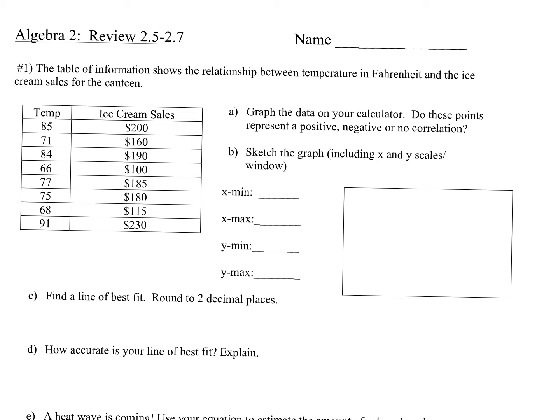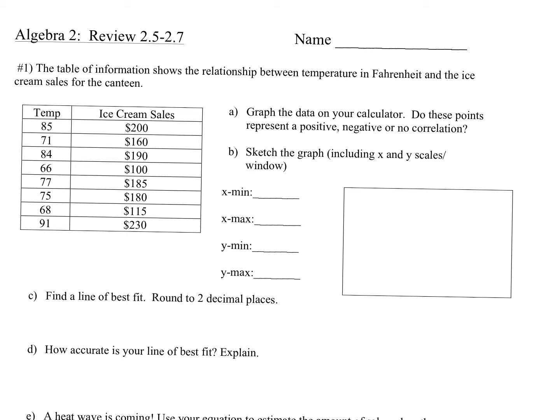Then arrow over to L2. I will read them if you want them, otherwise ignore me. 200, enter, 160, enter, 190, enter, 100, enter, 185, enter, 180, enter, 115, enter, and 230, enter, okay?